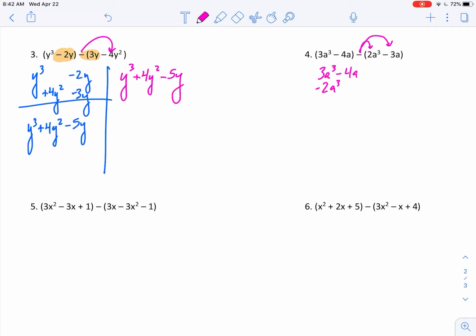All right, so number 4, distribute to both parts. We've got 3a cubed minus 4a, and that negative 2a cubed minus negative 3a is plus 3a, because remember that negative cancels out to be a positive.